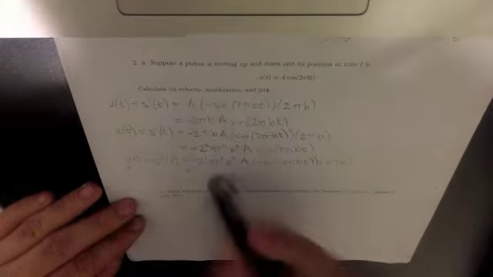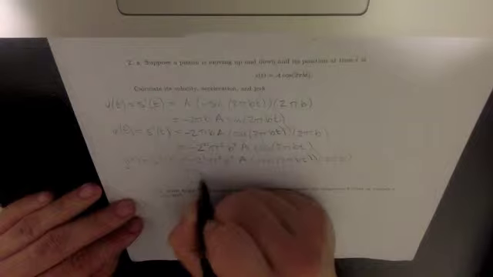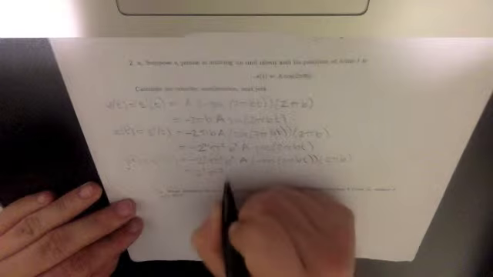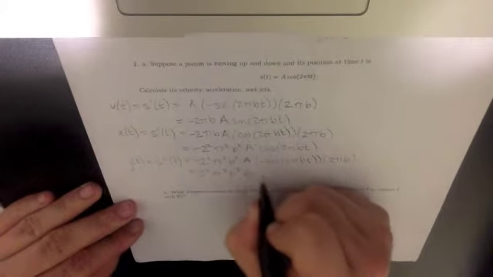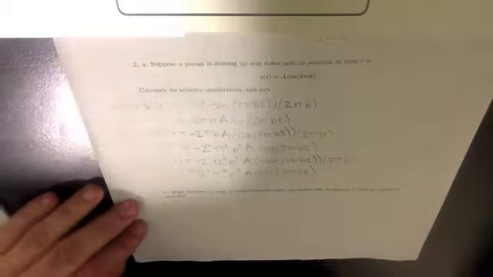If I simplify, the two negative signs cancel, and I get 2 cubed pi cubed b cubed A sine of 2 pi bt.